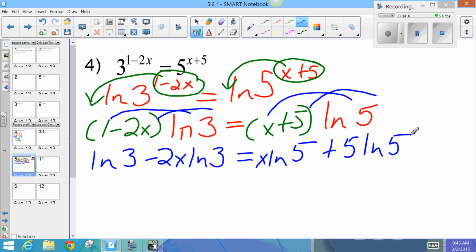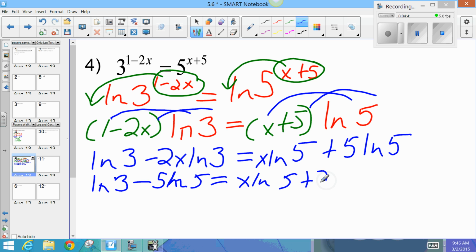So let me put my terms with x's on the right and everything else on the left. So I've got natural log of 3 minus 5 natural log of 5 equals x natural log of 5 plus 2x natural log of 3.